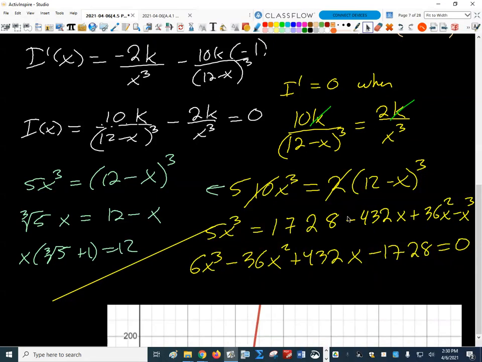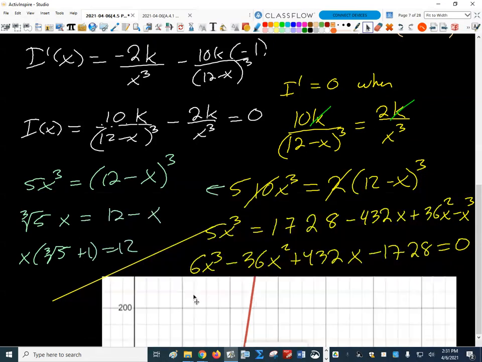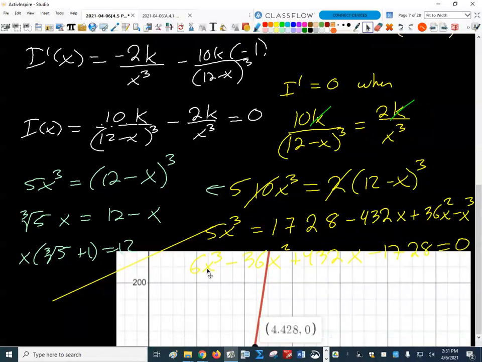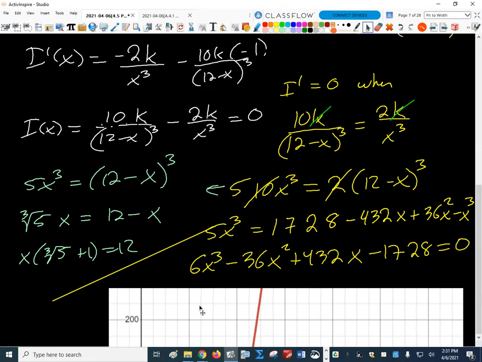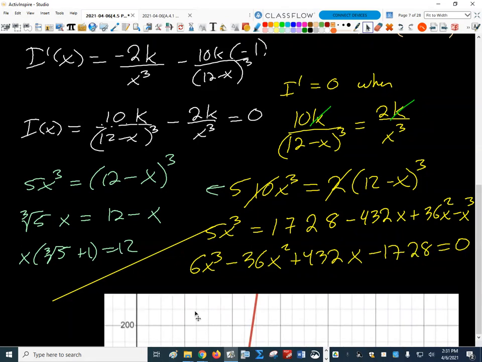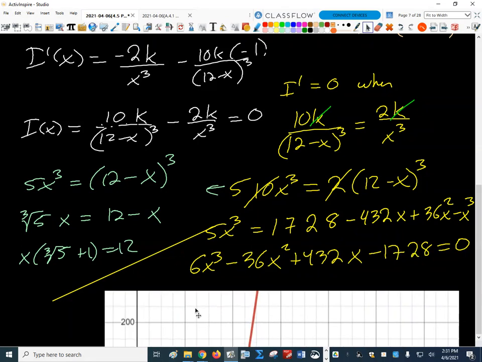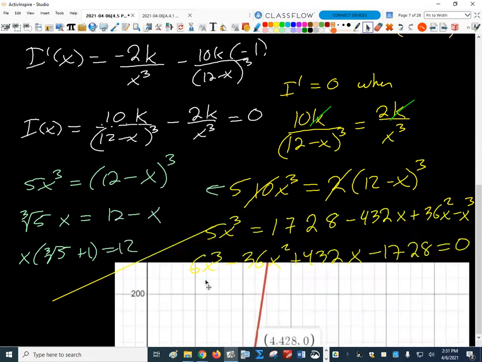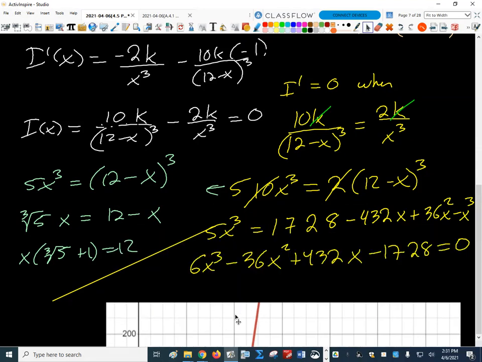I'm wondering if I screwed something up right there, because I get slightly different answers. Oh, no, it's right. Never mind. Cube root of 5 is going to be 1 point something, like 1.7-ish, so that's going to work out fine. Yeah, it works. Okay, that was just a little shortcut.